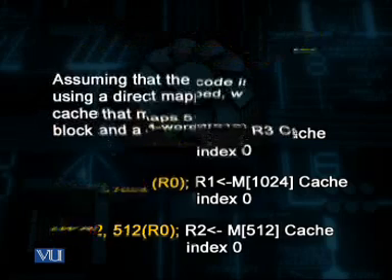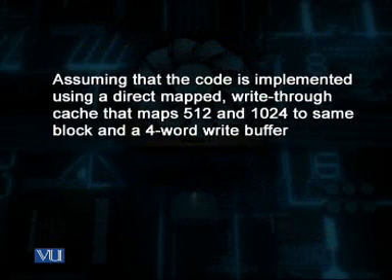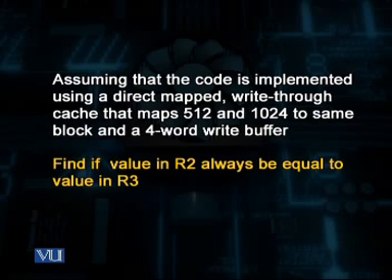Here we assume that the code is implemented using a direct mapped write-through cache that maps 512 and 1024 bytes to the same block, and a forward write buffer is assumed. So let us find if the value in R2 will always be equal to the value in register R3. Note that this is the case of a read after write data hazard.